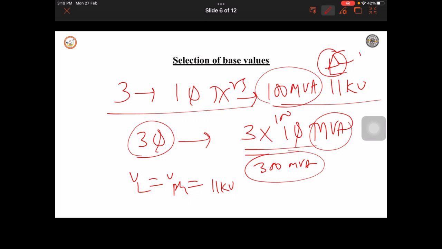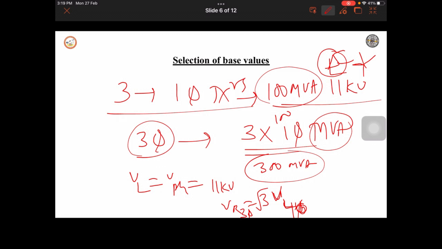Suppose if it is star, then line voltage will be different from phase voltage, and in that case we have to consider the line value as root 3 times of the voltage given for single phase. Voltage for three phase, if you want, is root 3 times of the given single phase voltage. This is how we have to consider.